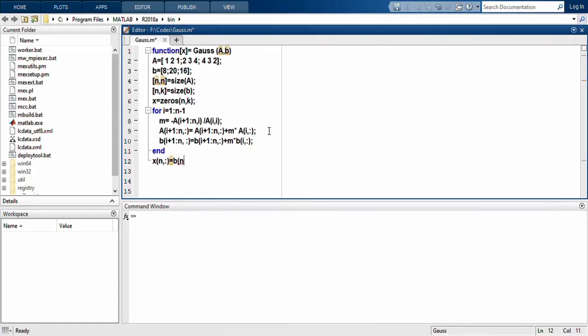So b3, the constant on the right hand side, divided by the coefficient on the left hand side in the third equation. So this is basically the third equation, and then you have to move ahead in the reverse order. So A(n,n), which means A33, basically it is a coefficient.